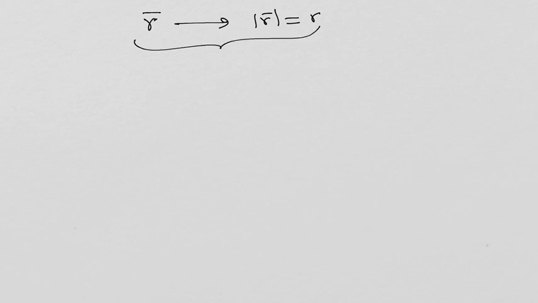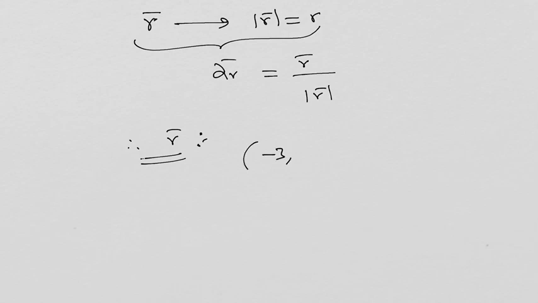Once you calculate these two, you can obtain AR. AR is obtained as a ratio of vector R to the modulus of vector R. So all these things start from the computation of vector R. Consider 2 points. One is on the line, along which the coordinate will be x equal to minus 3, y equal to 4, and z can take any value. And the point of observation is 2, 3, 15 meters.